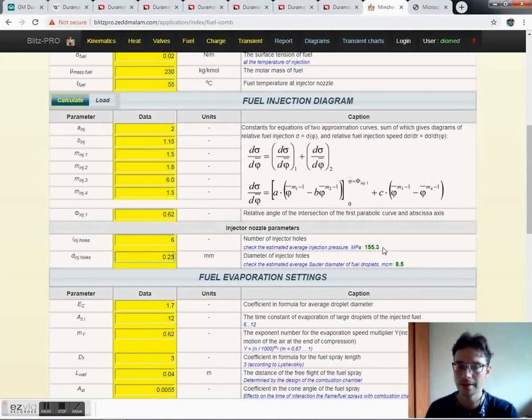But we should also look at the Sauter diameter of the fuel droplets. It just describes the average fuel droplet diameter during the injection process. So it's very important in terms of optimization of fuel sprays and in terms of further combustion.